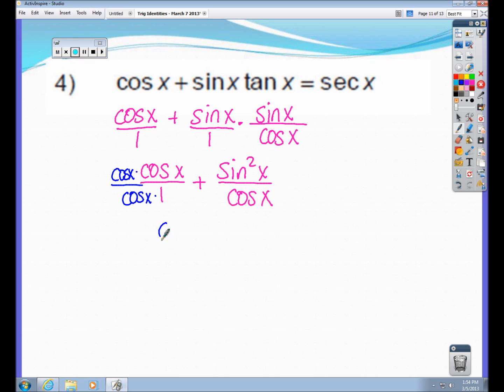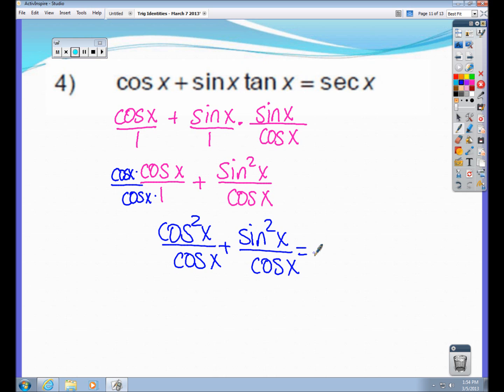So that gives us cosine squared over cosine plus sine squared over cosine. And once your denominators are the same, you can combine this into one big fraction with the denominator being cosine. And on the top I've got cosine squared plus sine squared.